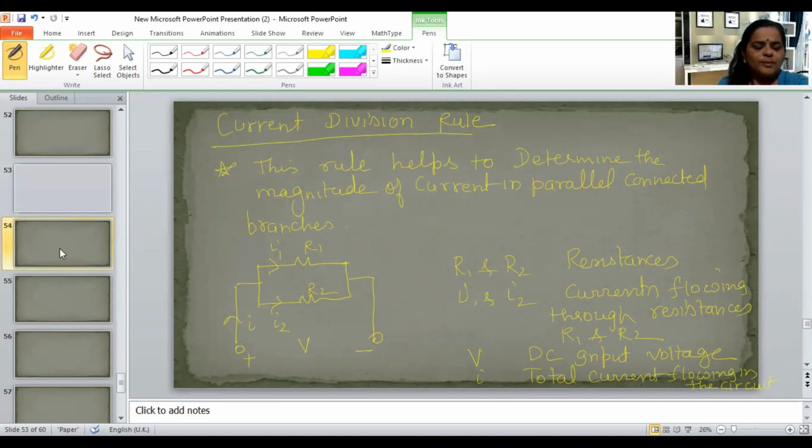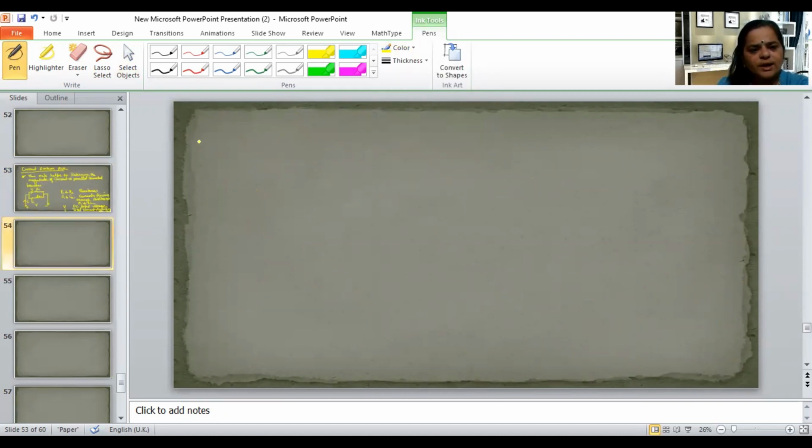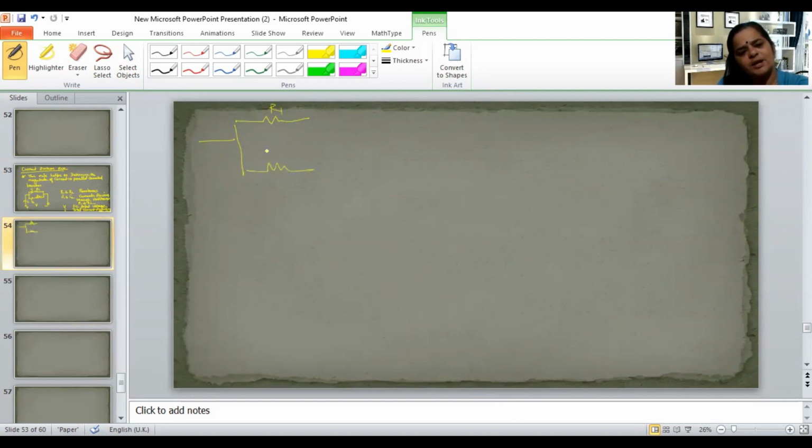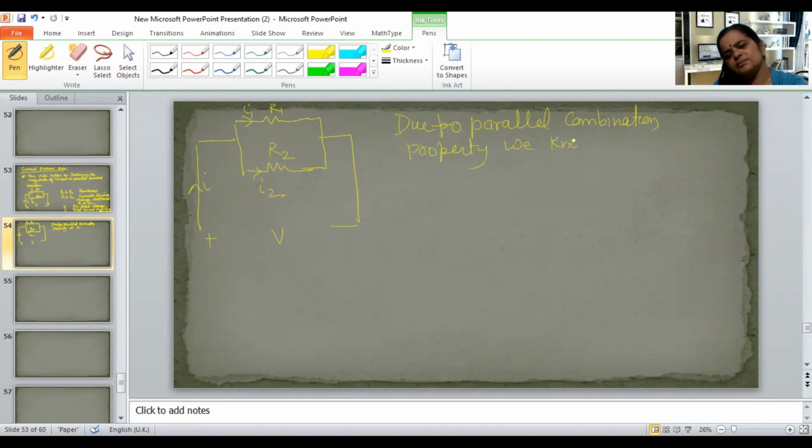Now let us again draw the circuit so that we can understand the current division rule and determine the expression of the individual current flowing through the parallel branches. So plus minus V, this is I, this is I1, this is I2. Due to the parallel combination property, we know that the voltage across the parallel connected elements is always the same.